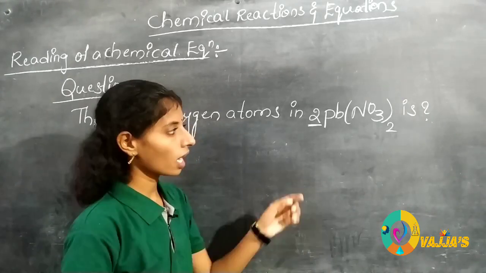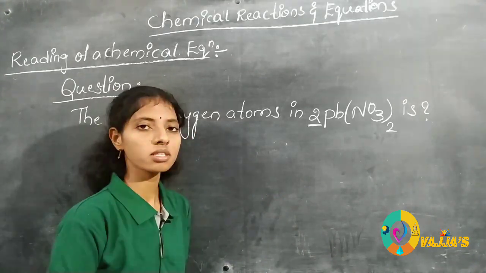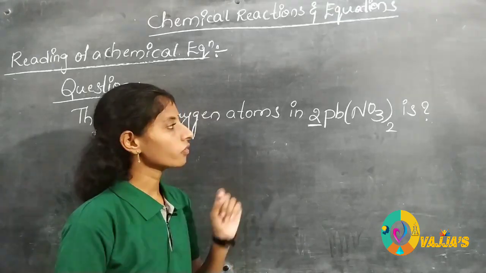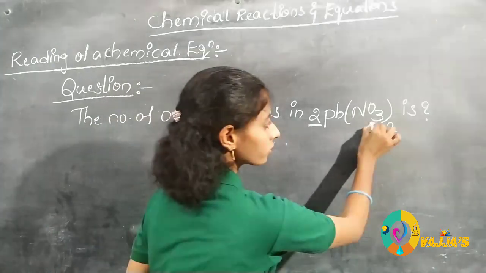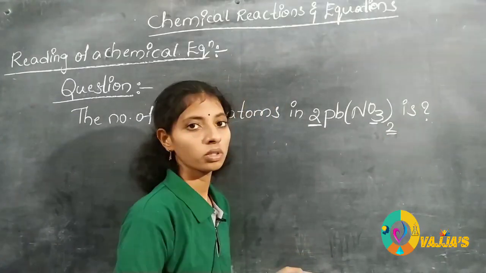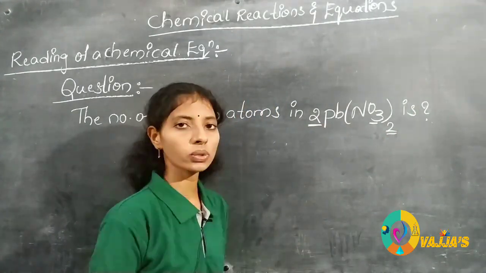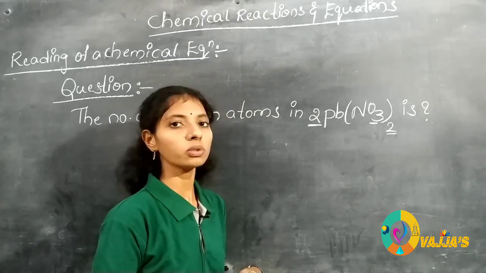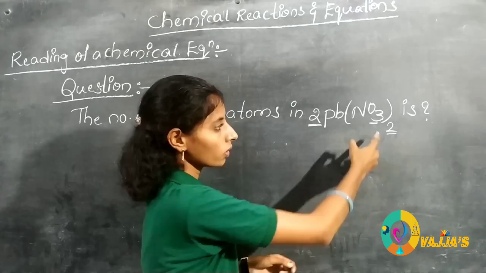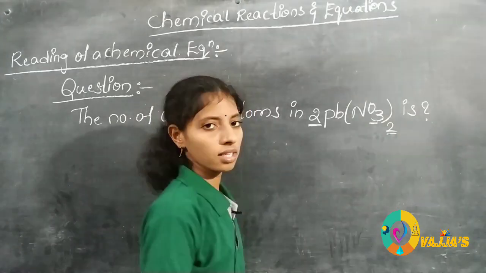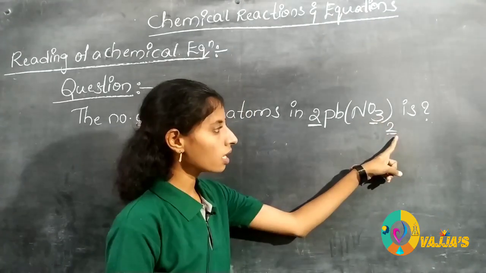Now how do we count the number of atoms in this? We know we have to multiply the coefficient with the subscript. Here we have 3 and here we have 2, and the coefficient is 2. So first we have to calculate with these 2 subscripts. Here 3 2s are 6.